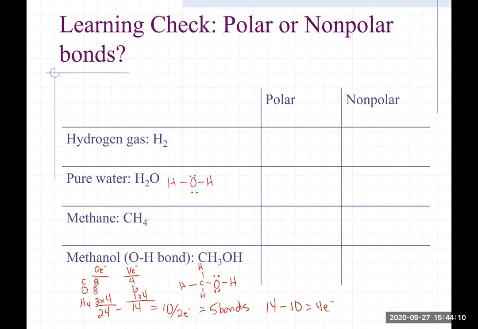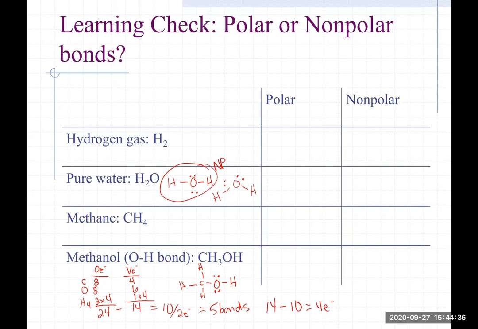But the fact is, if we use VSEPR, the oxygen has 4 electron groups surrounding it. 2 are bonding and 2 are non-bonding. So the VSEPR structure is going to show this as being angular. Here, we would say nonpolar.